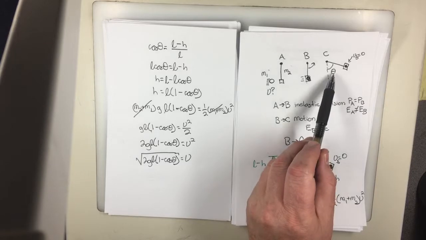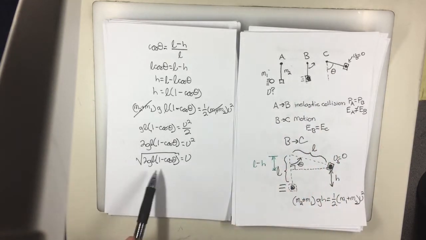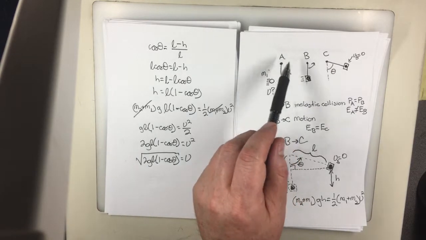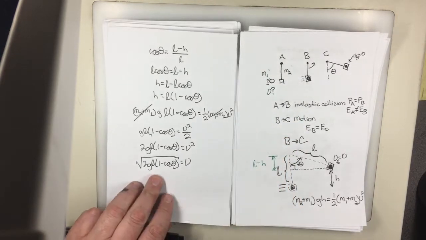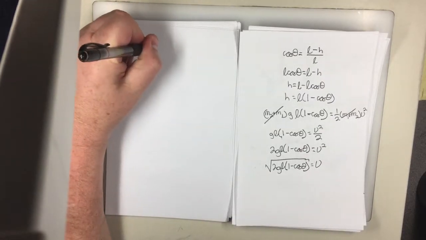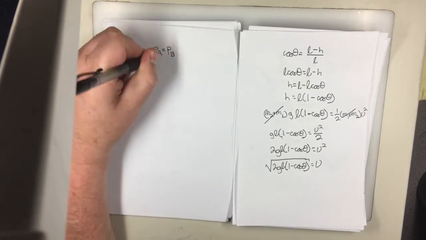So if we start at a particular theta with a particular arm length, we can get a velocity from it. Now the last bit, we got to work from B to A. B to A is an inelastic collision. So PA is equal to PB.